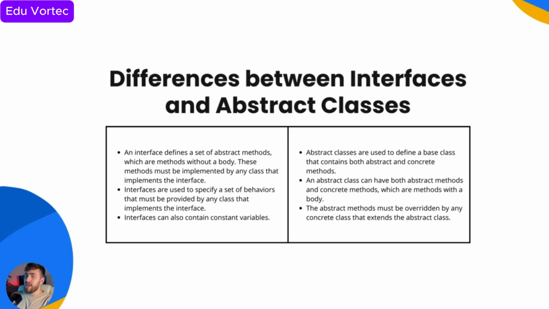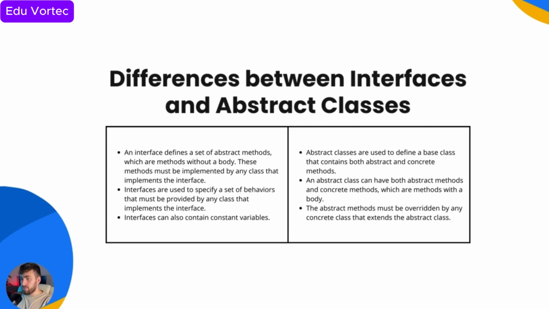In other words, an abstract class provides a blueprint for its subclasses, and the subclasses must implement the abstract methods to make them concrete.